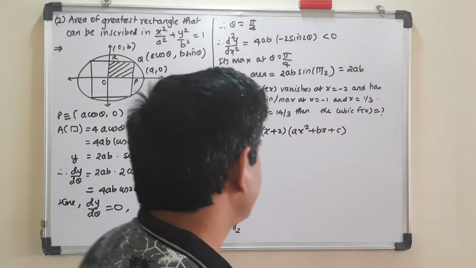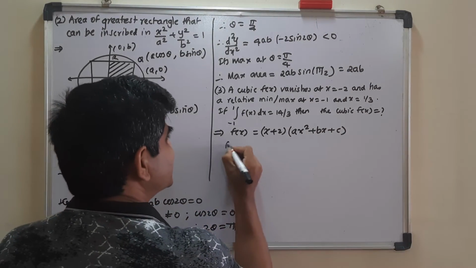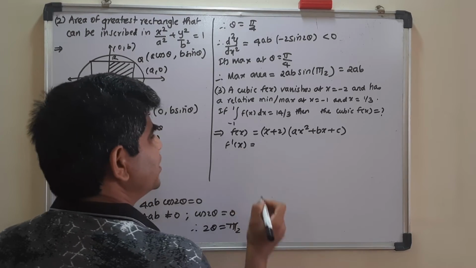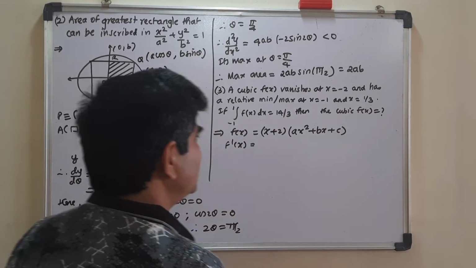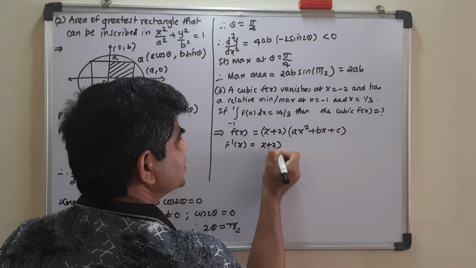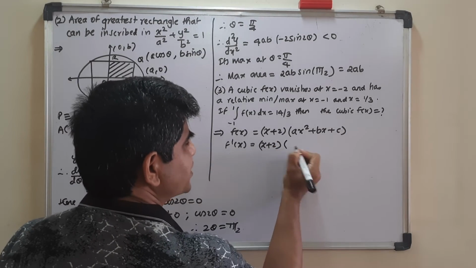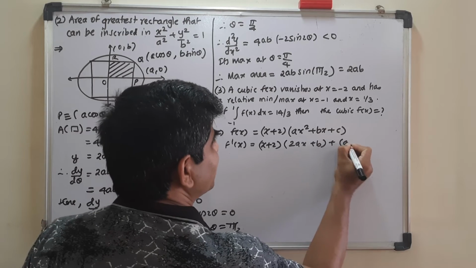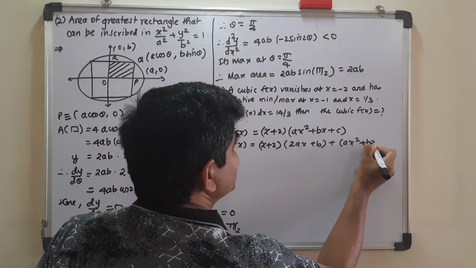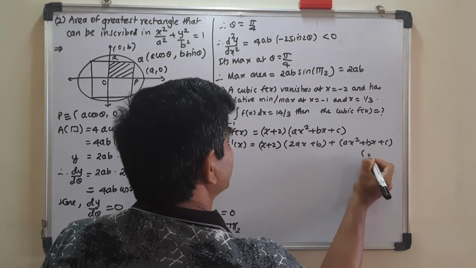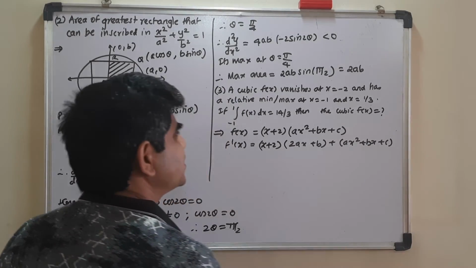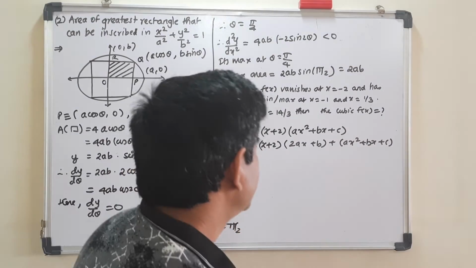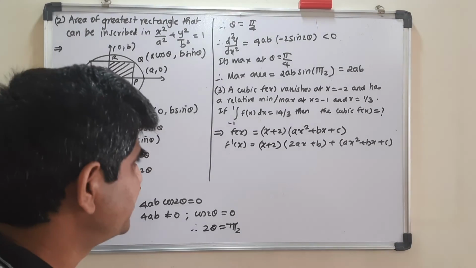That will be easier for me. That is f dash x will be your product rule, that is first function into derivative of second function, that is 2ax plus b, plus second function into derivative of first, that is obviously 1. Okay, so this is your first derivative.